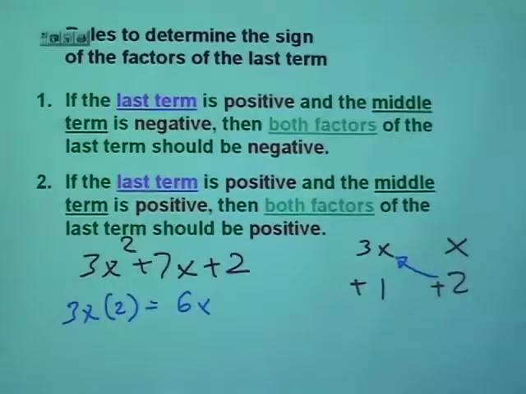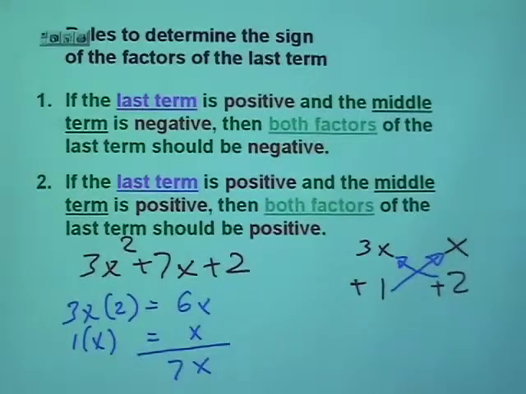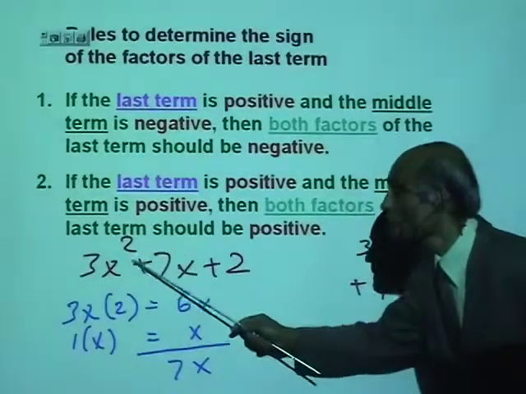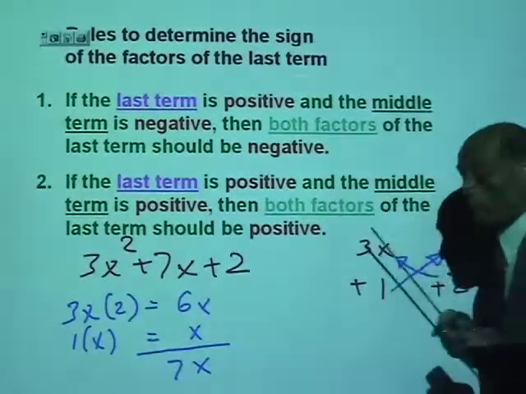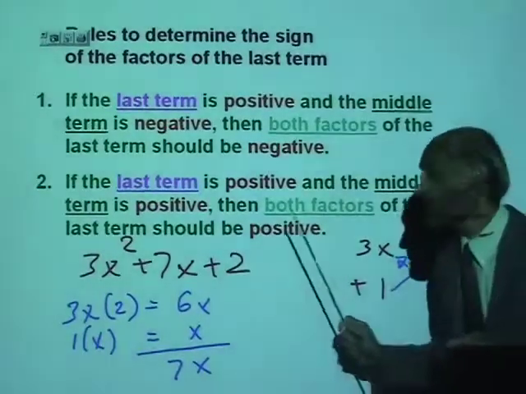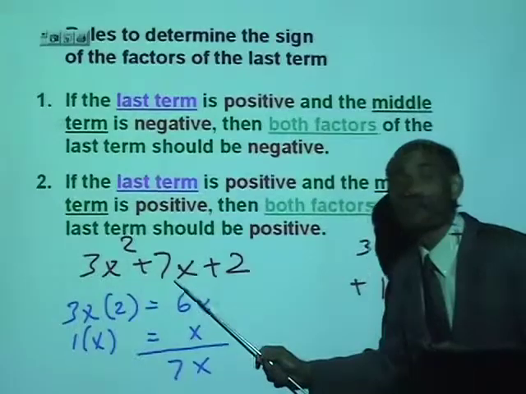And then multiply 1 by x. 1 multiplied by x equals x. And adding gives you 7x. So 6x added to x is 7x. That is the middle term. Multiplying diagonally and adding must give you the middle term.